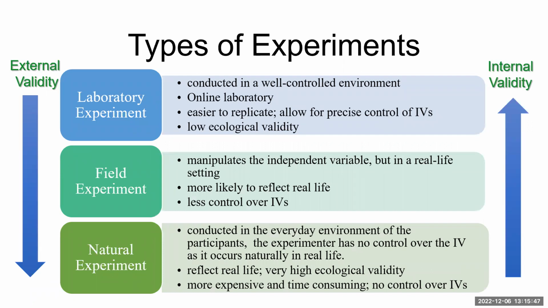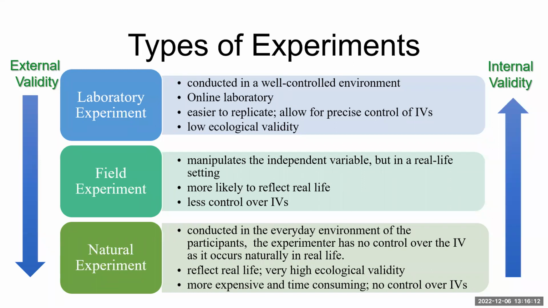So as I said before, there are 3 types of experiments: lab experiment, field experiment, and natural experiment. Lab experiment, in the past, means that you ask participants to come to a research lab and you give them some treatment inside the lab, so you control their outside, surrounding environment.